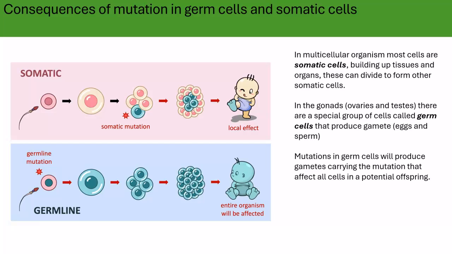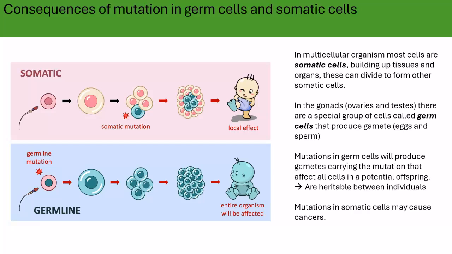So a mutation in one of the gametes will be present in all cells of that organism. So these are where heritable effects come into place. Heritable traits or heritable mutations are only those that happen in germ cells, or potentially when a germ cell gives rise to a gamete.